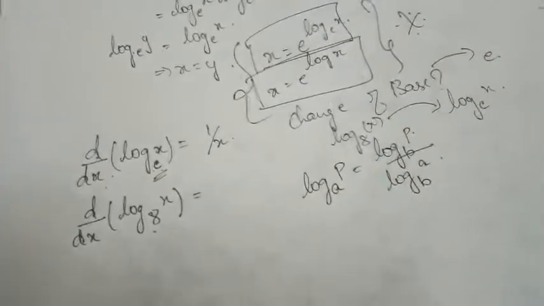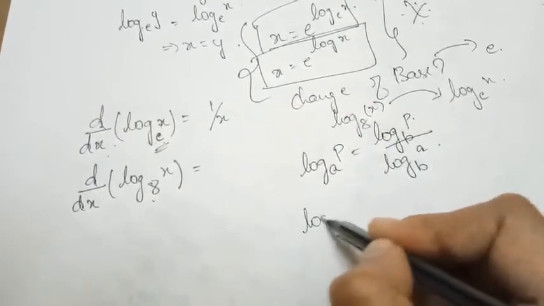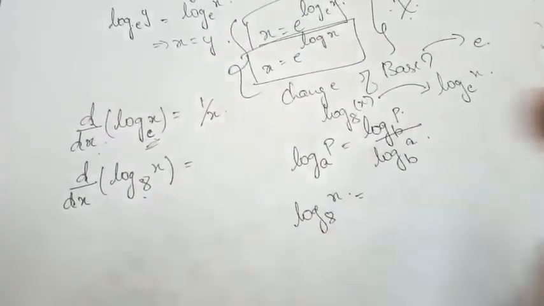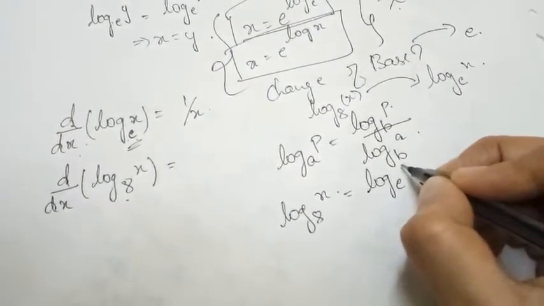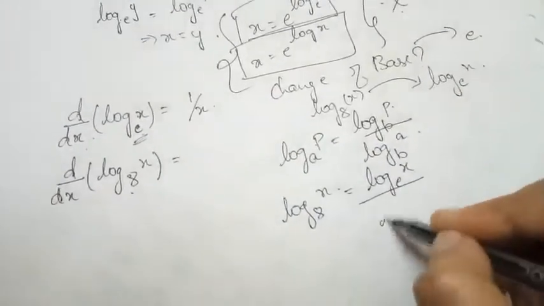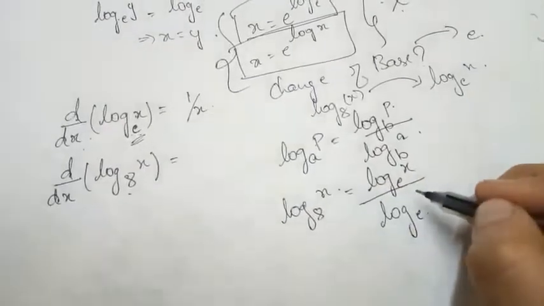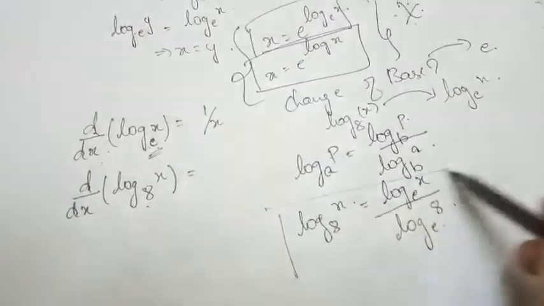Yes, this is the formula. Now here it is log base 8 of x. We need to convert this with respect to the base e. What happens? Log base e of x, in place of p we have x, divided by log base e of a. Here a is 8. So this is the change.